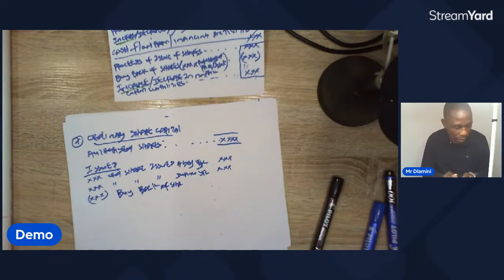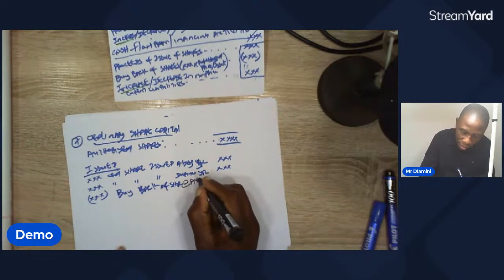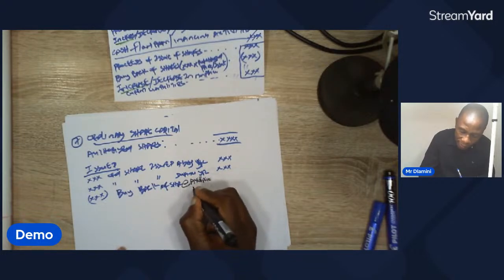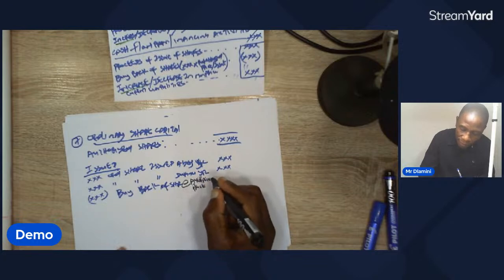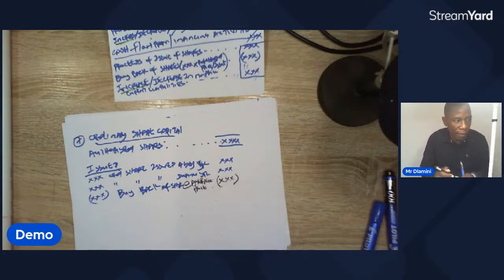Remember, here we are using the average for note number 7. I'll explain about average price. You multiply by the average price, and you get the figure there for the buyback.